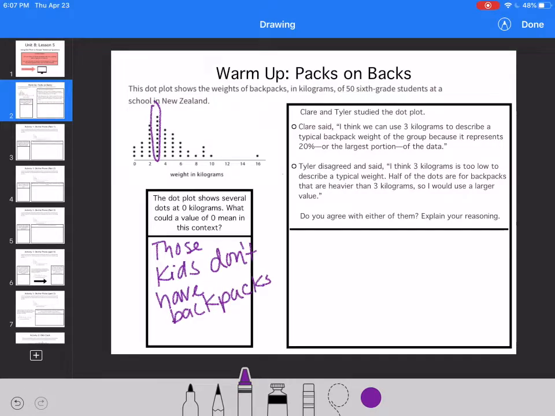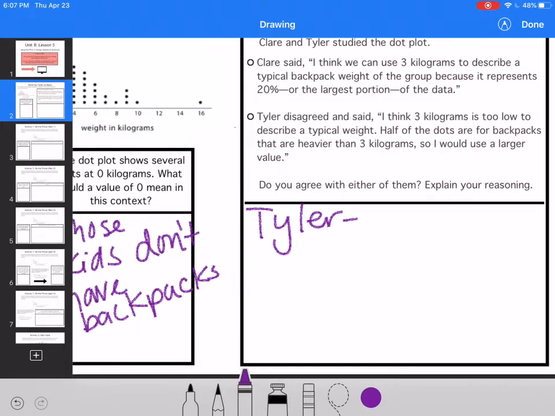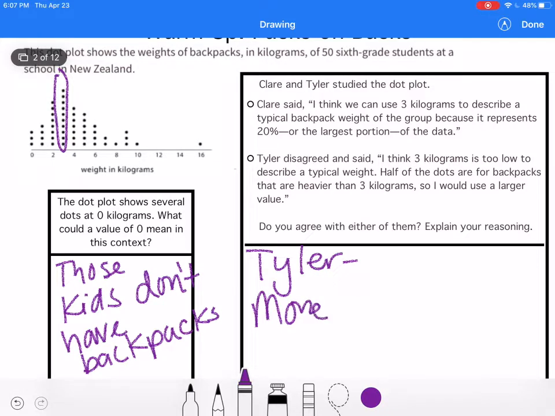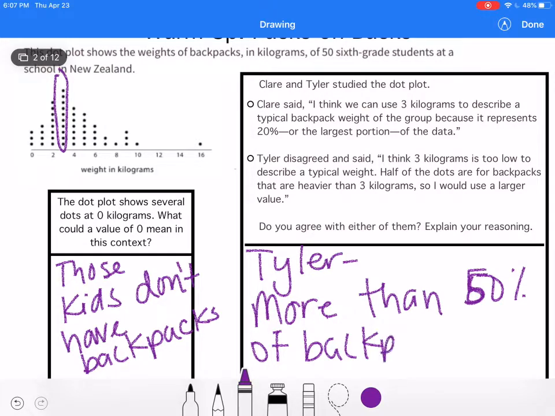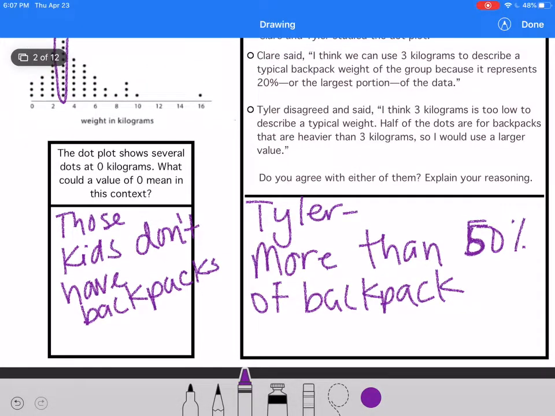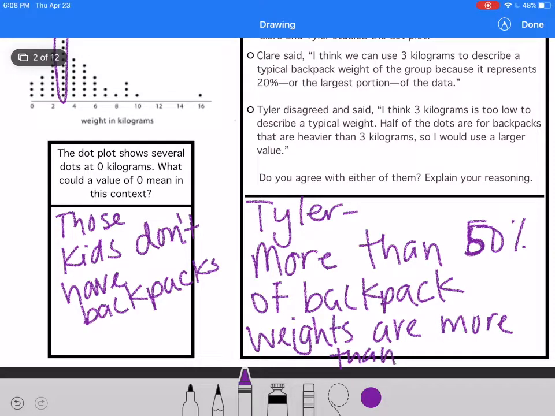Explain your reasoning. I agree with Tyler that you would need to use a heavier weight because more than 50% of the backpack weights are more than 3 kg.